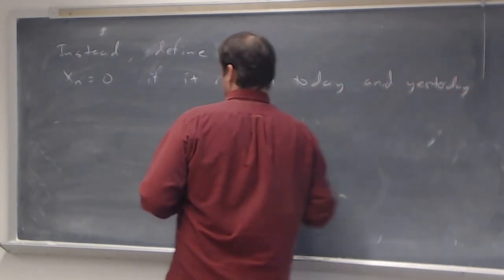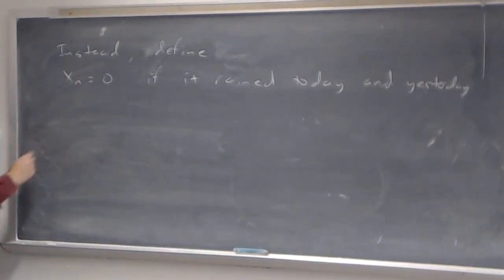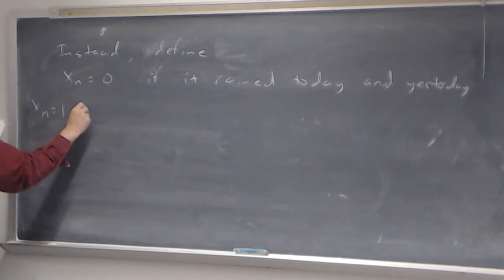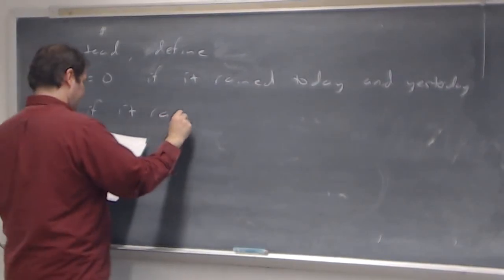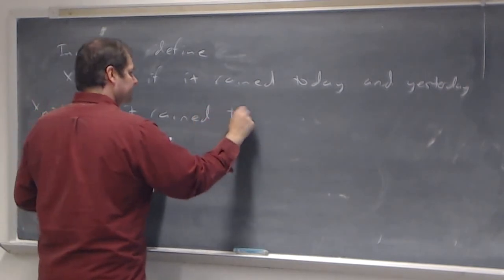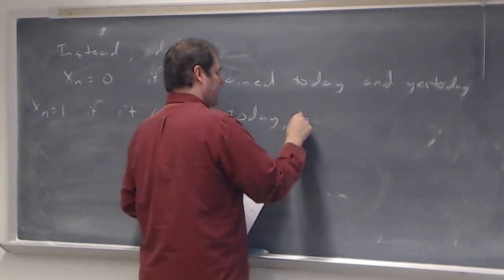Rain today and yesterday, so that's 0. X sub n equals 1 if it rained today but not yesterday.